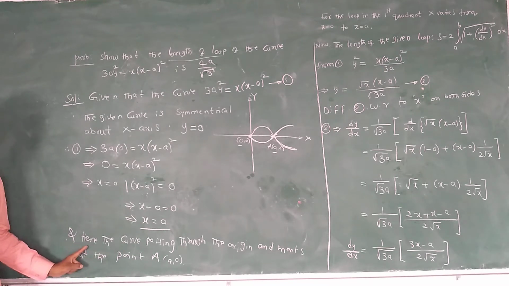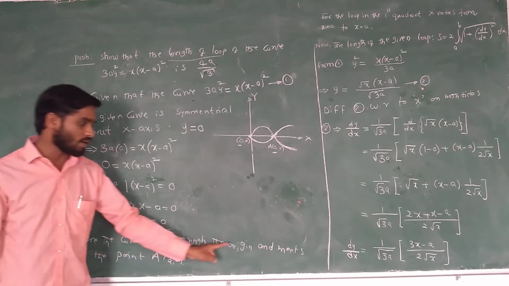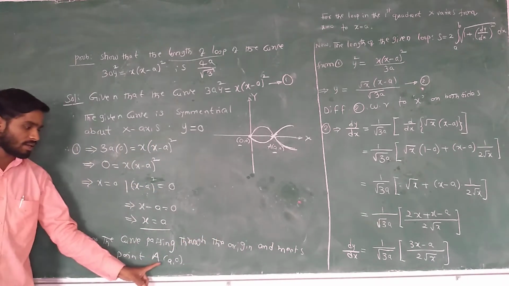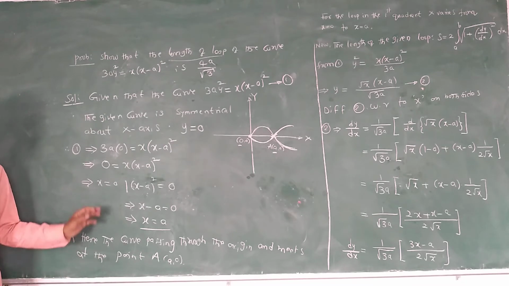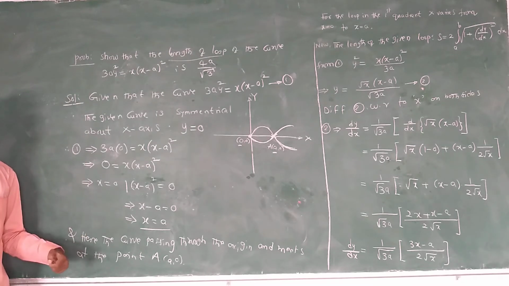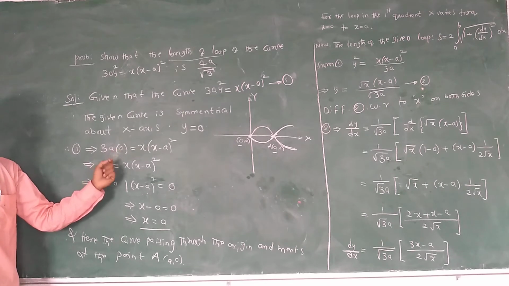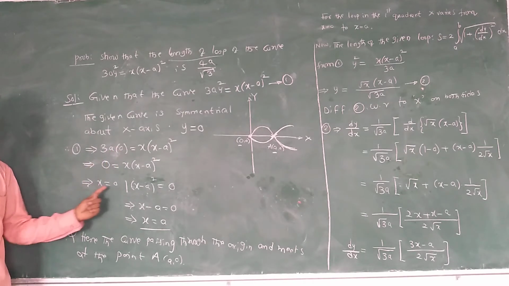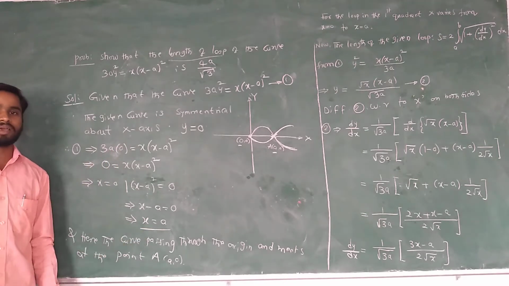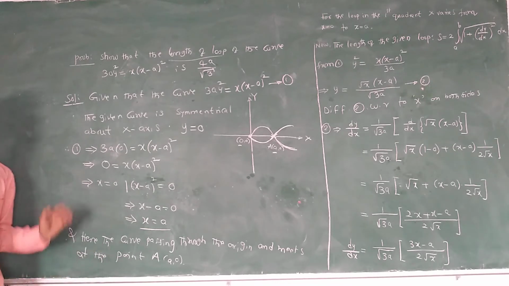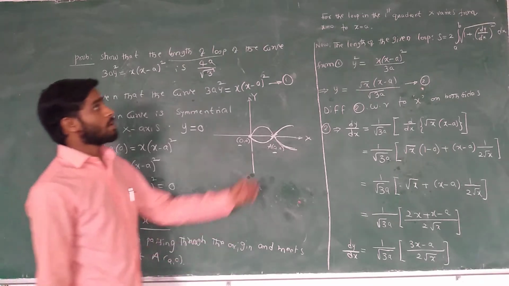Hence the curve passes through the origin and meets at the point (a, 0). By substituting y = 0, you get x = 0 and x = a. Hence x ranges from 0 to a.